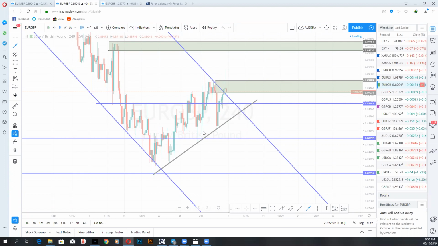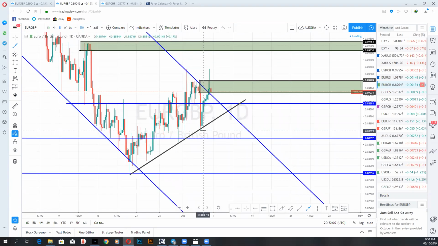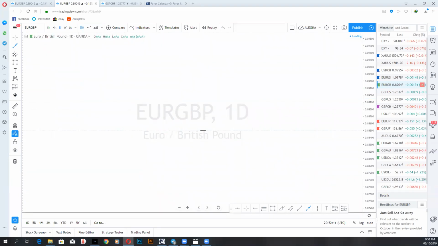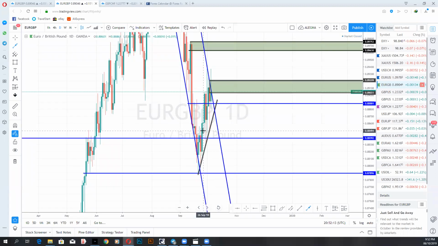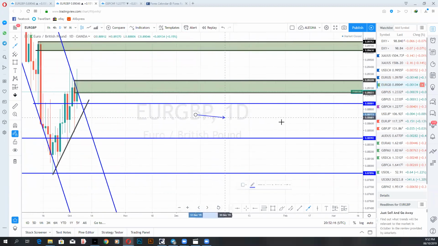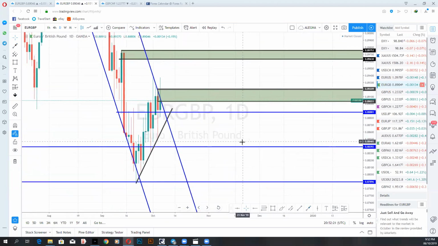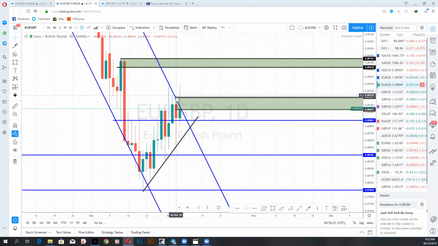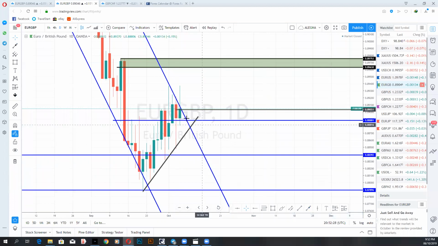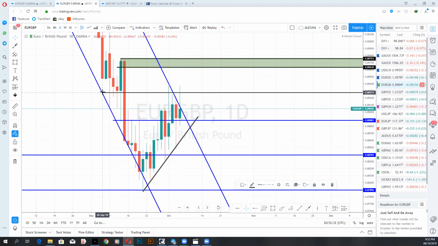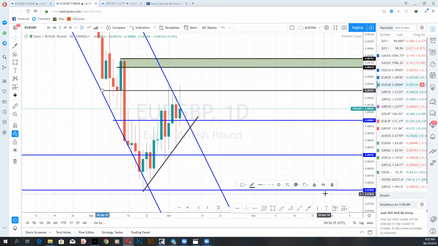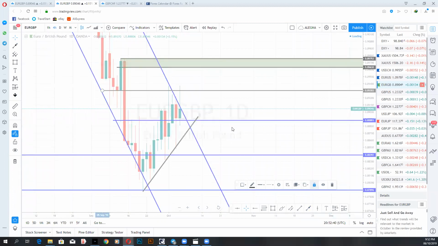Network is not in top shape today. So looking at this pair, that's the Euro GBP, let me get rid of this thing. There seems to be something here. So I go back now to my 4 hour.